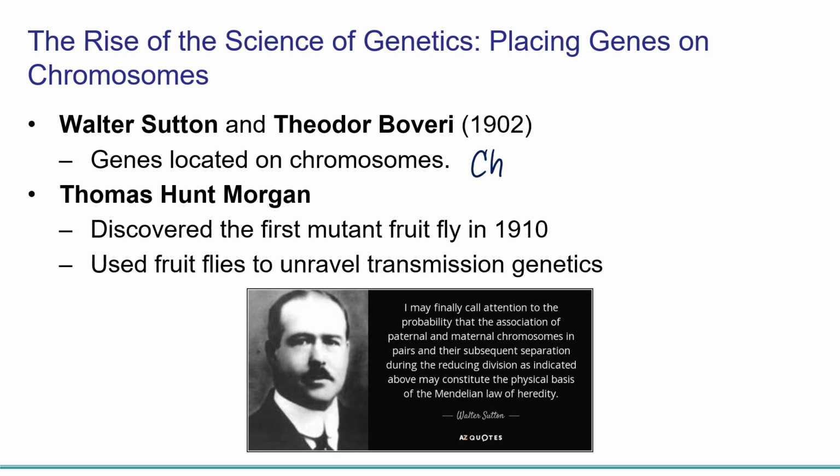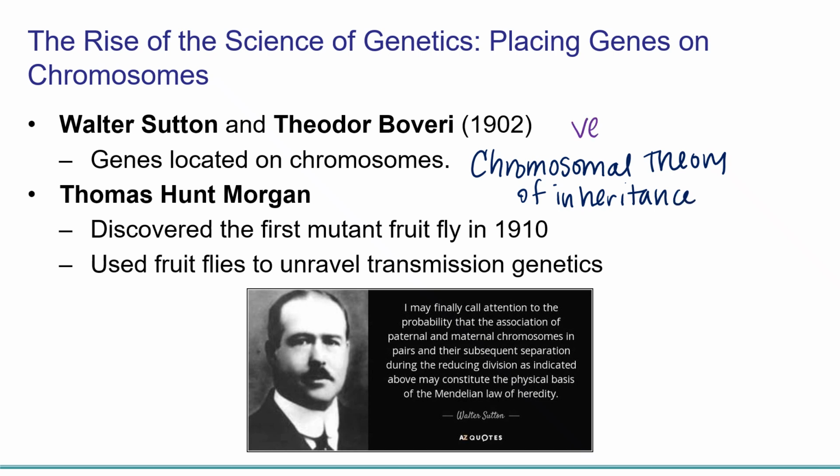This is called the chromosomal theory of inheritance, and we'll cover it in more detail later, but basically this is where we get that vehicle for passing genes from one generation to the next.